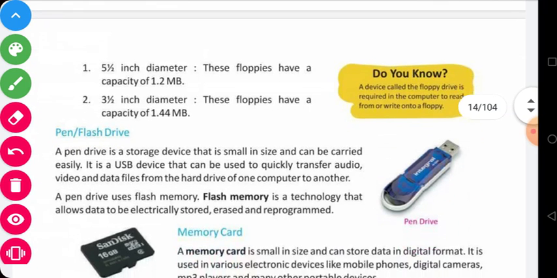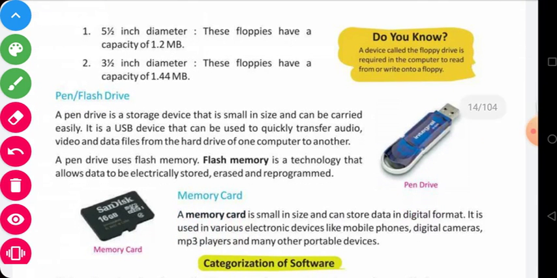Okay, and the next one is flash drive, which is also very popular under another name, that is we also call it pen drive, because it's easy to use and easy to transfer data from one system to another. Also it has a very large capacity to hold data, that's why it became very popular.